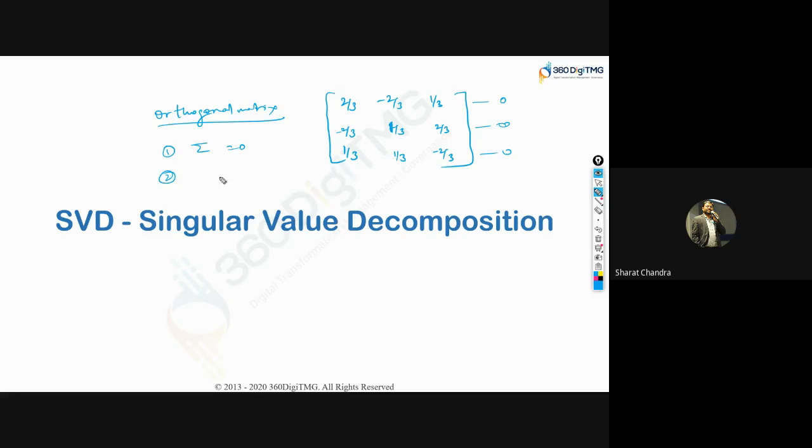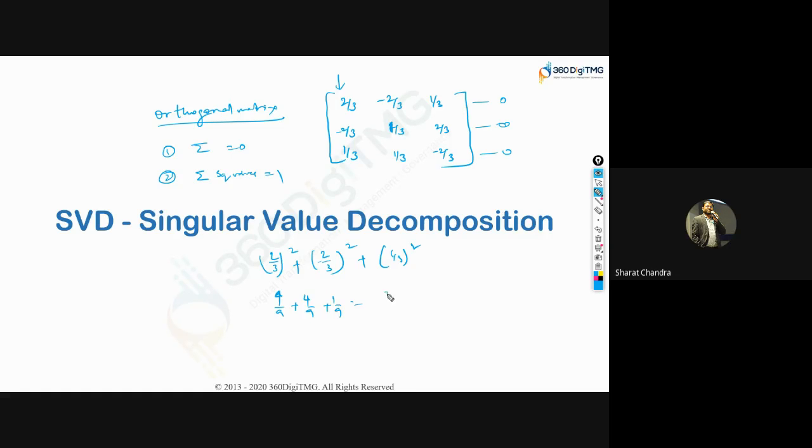And the second property is the sum of the squared values should give you 1. So for example, if I take this column, 2 by 3 whole square plus -2 by 3 whole square plus 1 by 3 whole square. If I do this, this is 4 by 9 plus 4 by 9 plus 1 by 9.